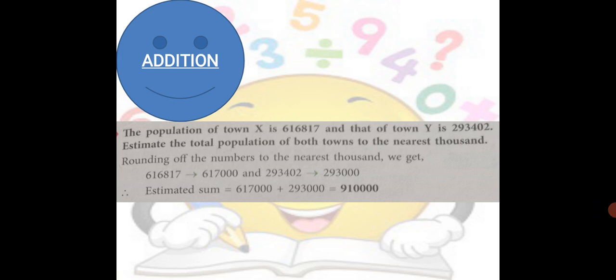What to do? We have to round off both the numbers initially, then we have to add them. And the next clue is that when we round off the numbers, we have to round off to the nearest thousand.